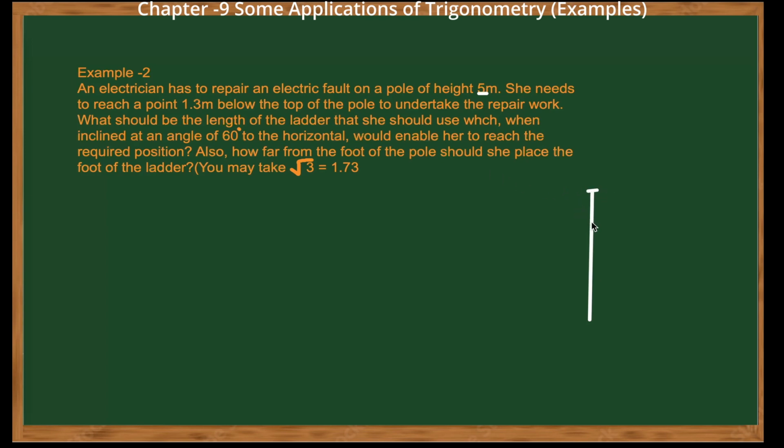Then she needs 1.3, so this is 1.3. We know the total is 5 meters, so 1.3 down from the top of the pole to undertake the repair work.